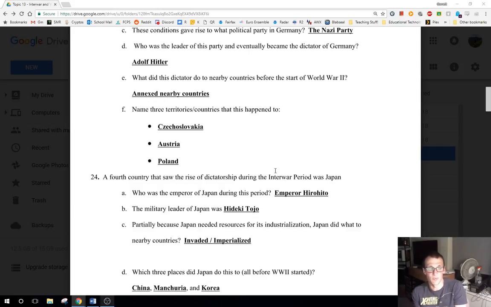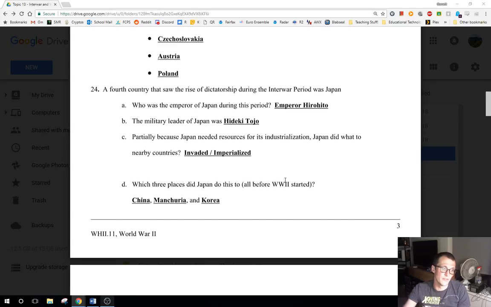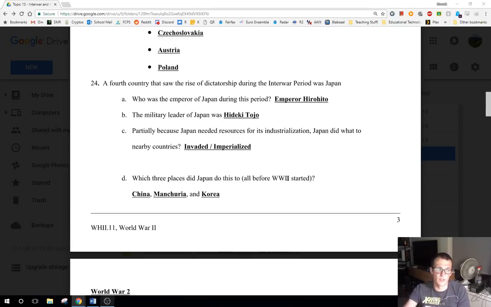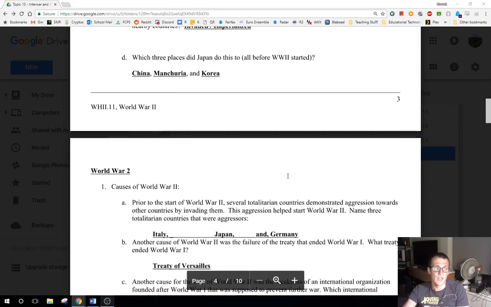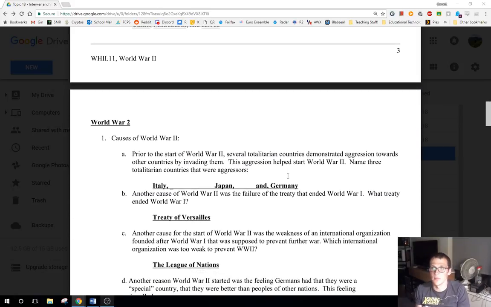So they're going to invade, and we know that they do some pretty horrible things. We talked about the Rape of Nanking in China in class, and they're going to invade and imperialize in these areas because Japan is a small island, and effectively they're going to need resources as a way of continuing to fuel this expansion and their industry that they just don't have on their own island, and they need to get it elsewhere, right?